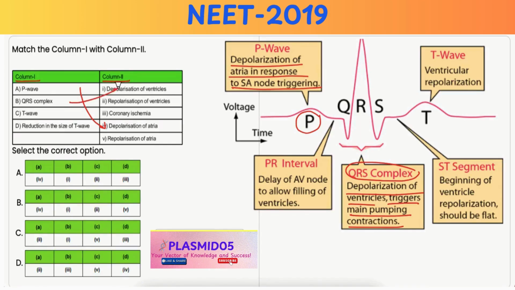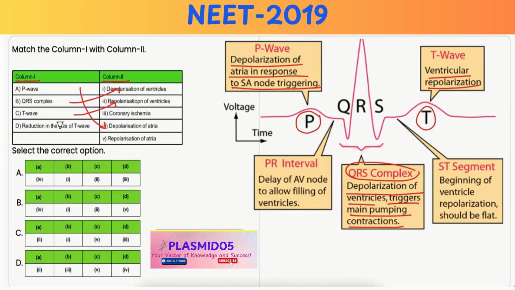The T wave represents ventricular repolarization, indicating the recovery of the ventricles and the preparation for the next heartbeat. Thus, C matches with 2. And changes in the size, shape, or duration of these waveform components can provide valuable diagnostic information about the heart's function.